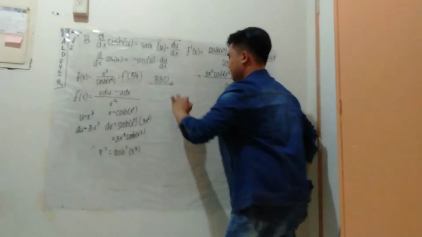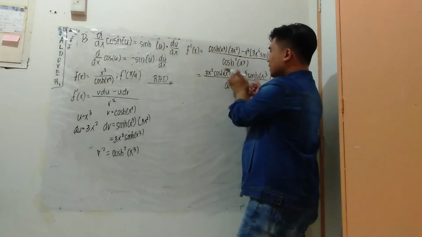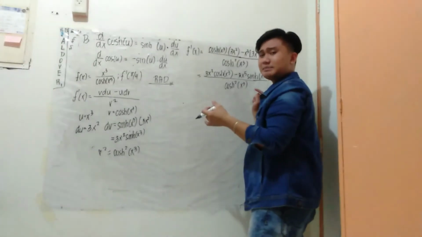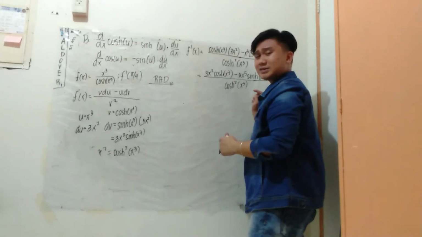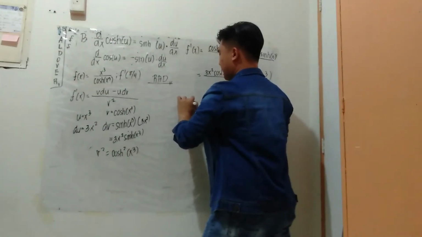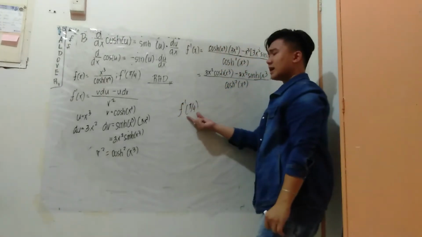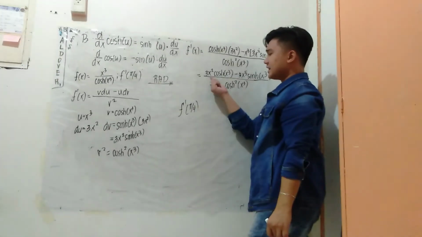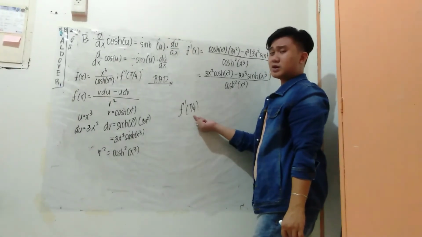Okay? So, ito, kahit alam kong may common factor, hindi ko na ito isi-simplify pa kasi itatype ko lang naman to sa calculator. So, f prime of pi over 4, paano ba ito gagawin? Lahat ng x, papalitan mo lang ng pi over 4.